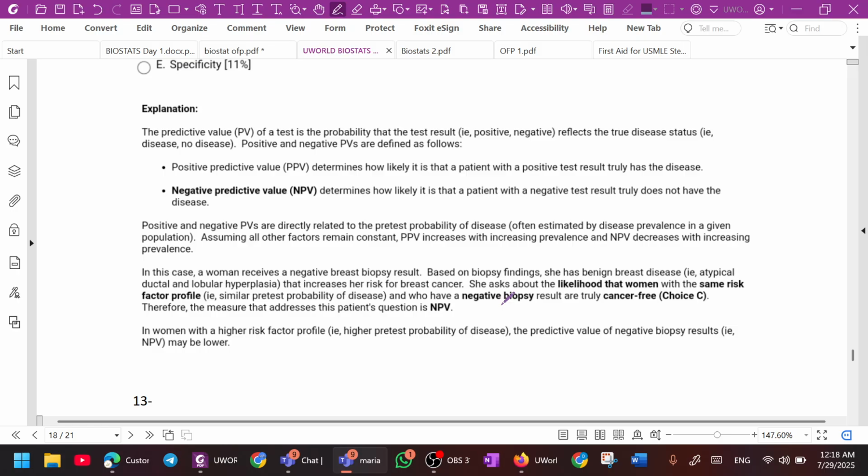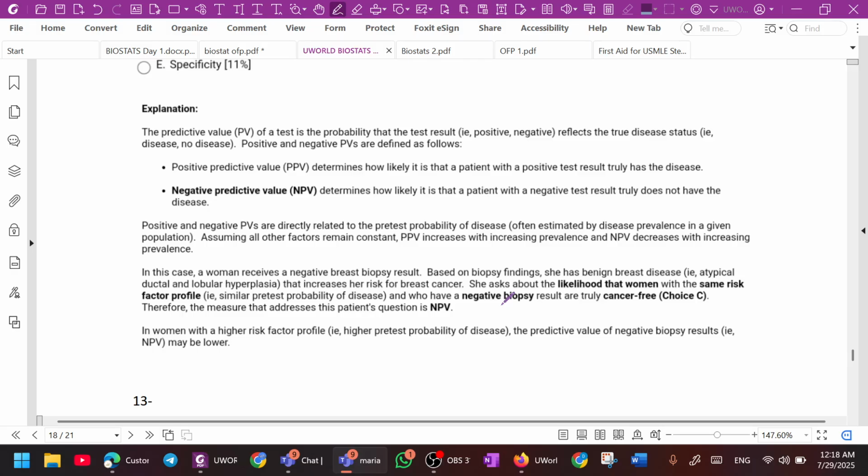Next case. In this case, a woman receives a negative breast biopsy result. Based on biopsy findings, she has benign breast disease, atypical ductal and lobular hyperplasia, that increases the risk for breast cancer.